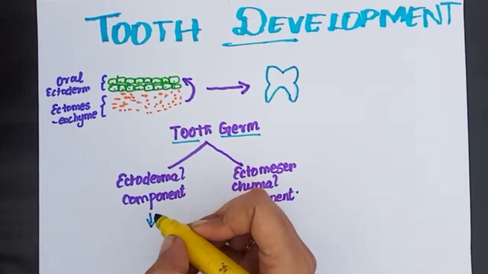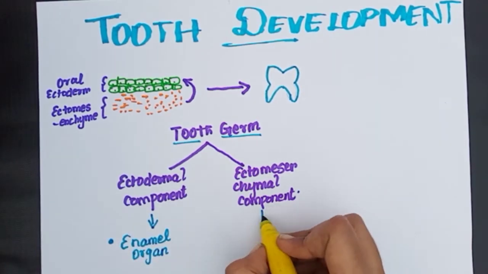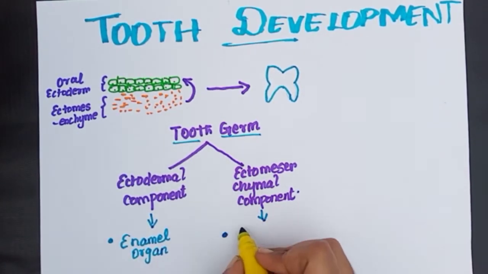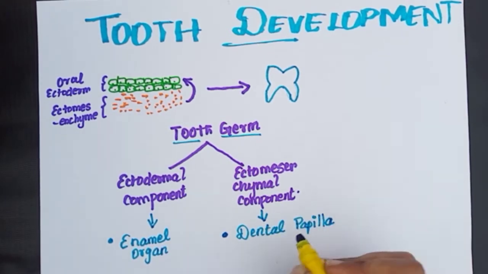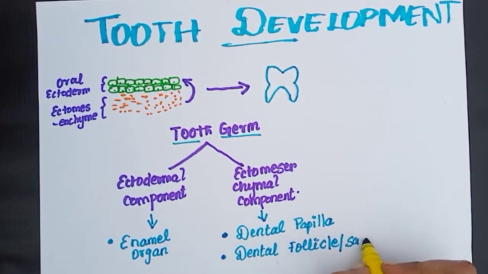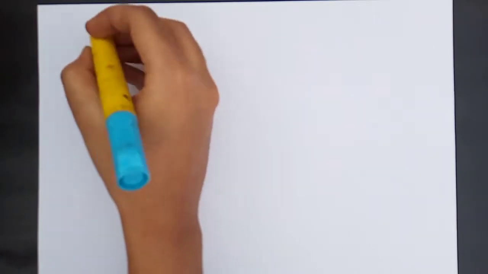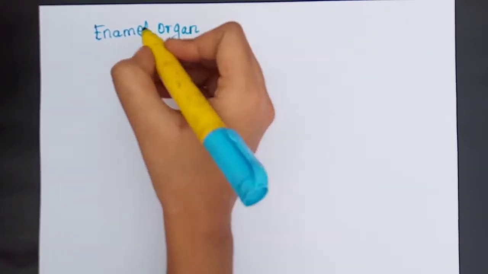The ectodermal component gives rise to enamel organ, and the ectomesenchymal component gives rise to dental papilla and dental sac or dental follicle. From enamel organ, enamel is formed.